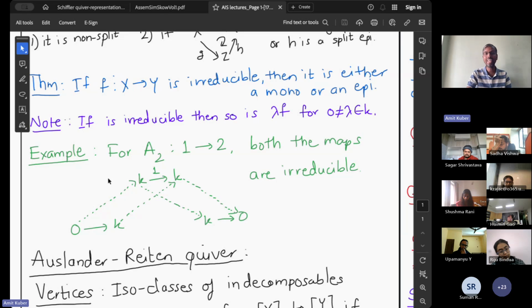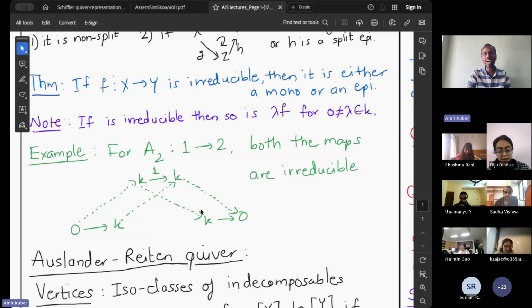You take any of its factorizations and use that these are the only indecomposable objects. Right now I will only give you an oral sketch of the proof; in the tutorial we are going to see everything very clearly. The sketch is that if it factors through something else, then that something else is a finite direct sum of copies of these 3 objects.